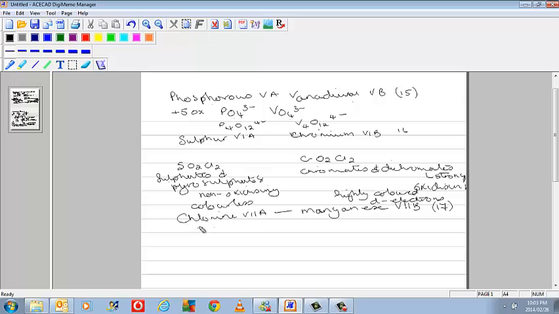The perchlorate ClO4- and the permanganate MnO4-, both of these elements are in the +7 oxidation state, which is highly reactive, not terribly stable, and very useful as an oxidizing agent. The salts are also isomorphous, meaning they are the same shape.